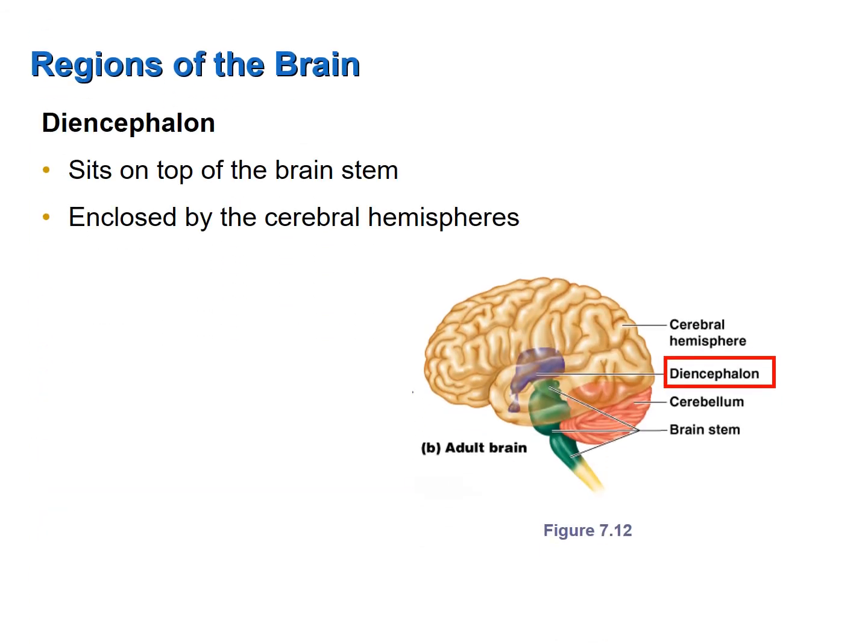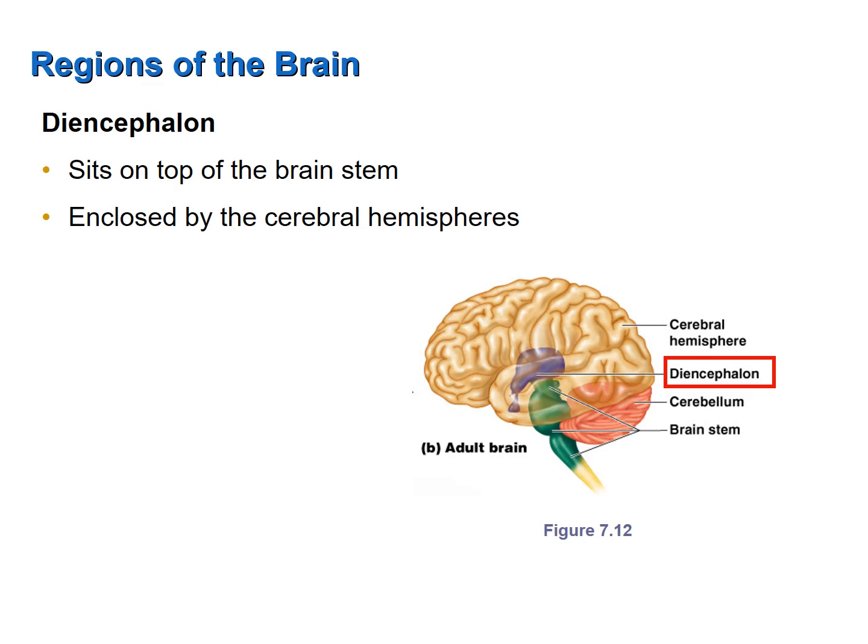The next region of the brain that we will now discuss is the diencephalon, which is shown in purple in this figure. The diencephalon is completely surrounded by the cerebrum in the same manner that a mushroom cap surrounds the top of the stem of a mushroom.